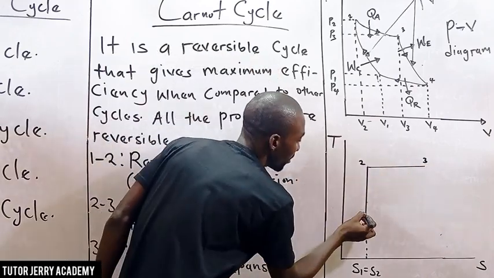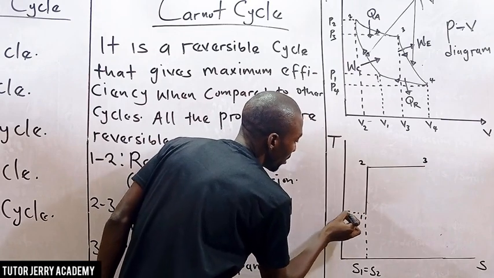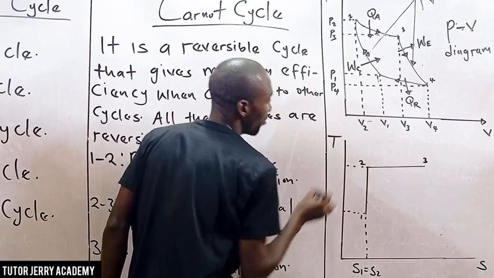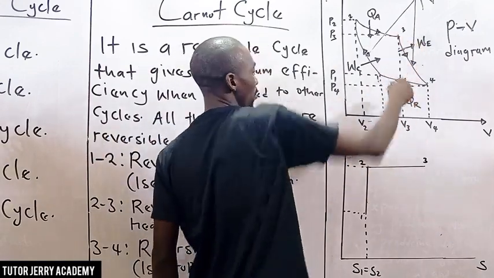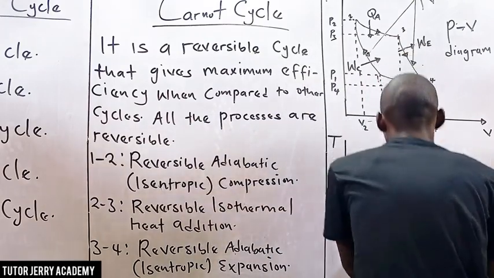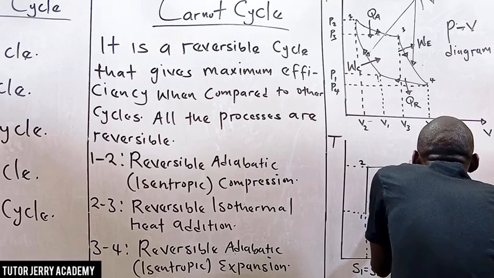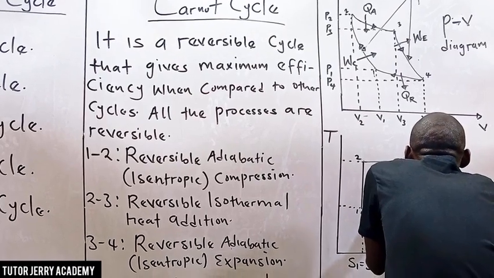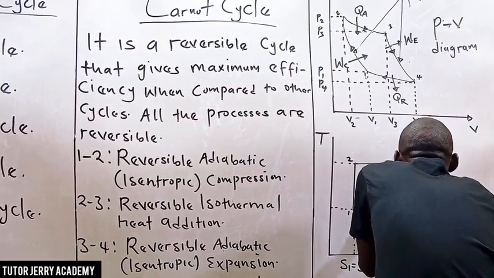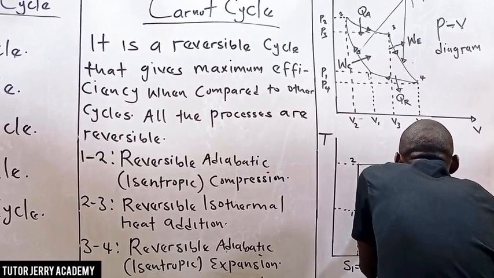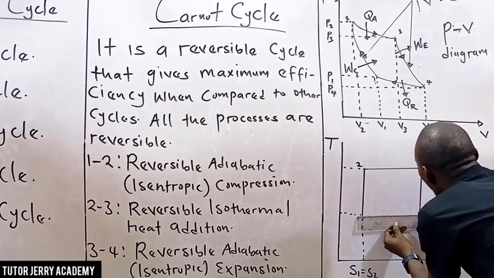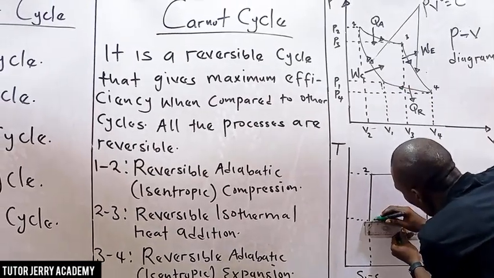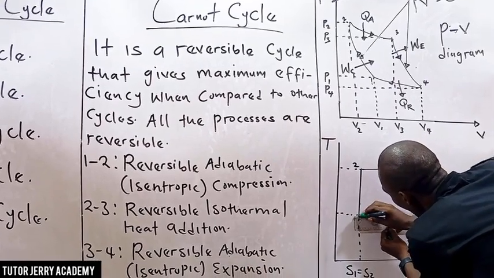We trace this point, so we are tracing this down. So process 3 to 4 is also a curve, so it's going to be a straight line as well. All right. So process 4 to 1 is a curve, so it's also going to be a straight line.